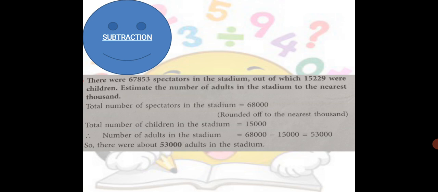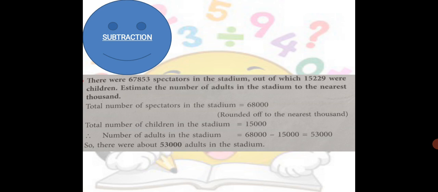There were 67,853 spectators in the stadium, out of which 15,229 were children. Estimate the number of adults in the stadium to the nearest thousand.